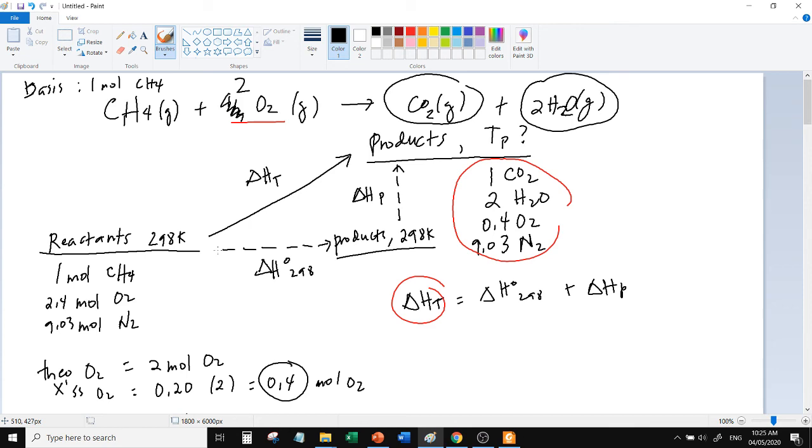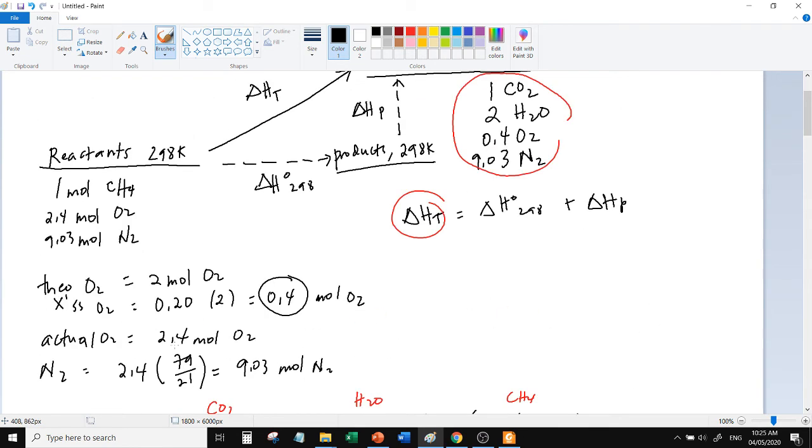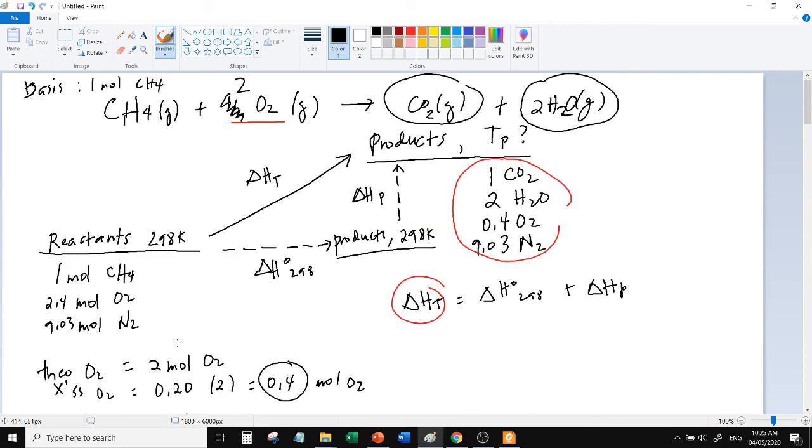Sinolve natin siya kanina. Yung delta HP mo actually is equal siya doon sa dito. So, bakit?